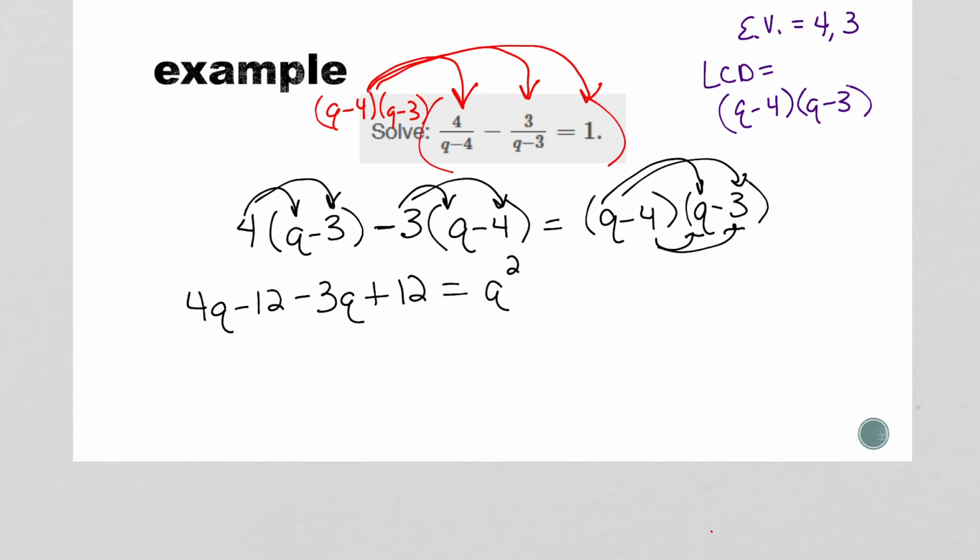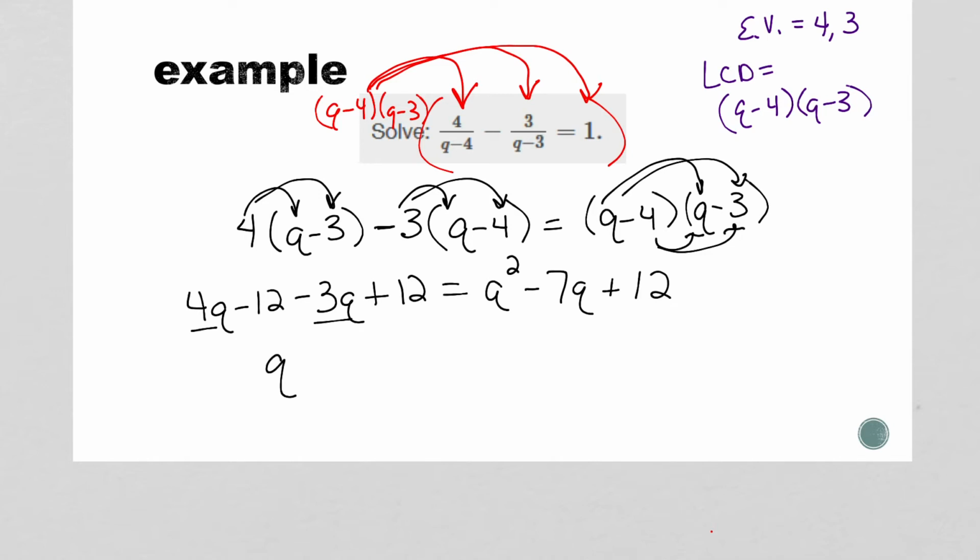I end up with a negative 3Q and a negative 4Q, which is a negative 7Q. And then I end up with negative 4 times negative 3, which is positive 12. Now, let's go ahead and combine our like terms.